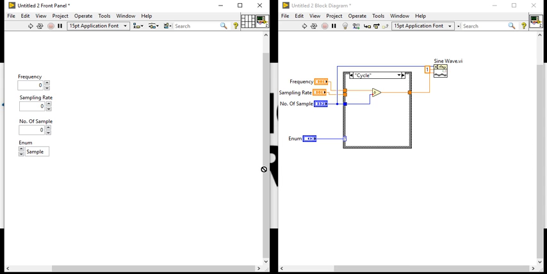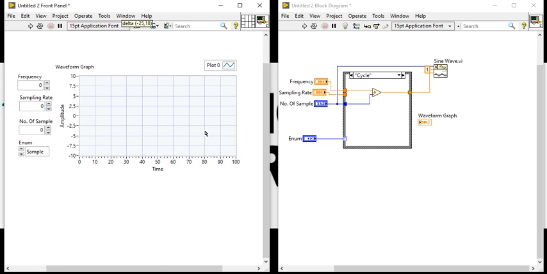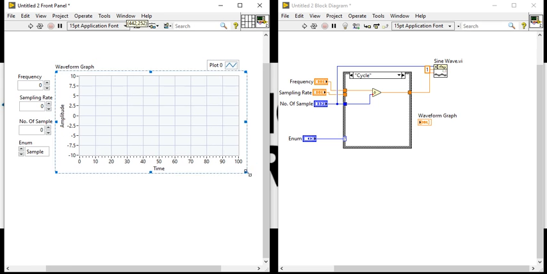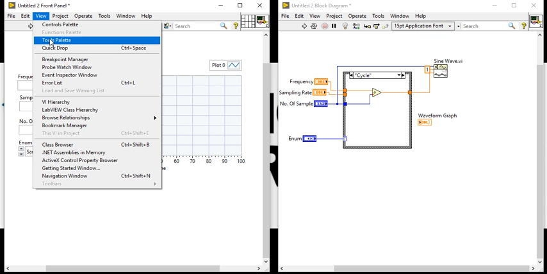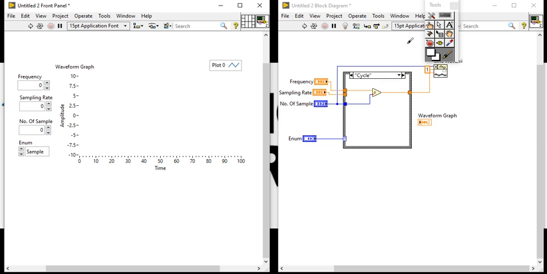Come to the front panel and take a waveform graph. Now let's give some values. First is sample.